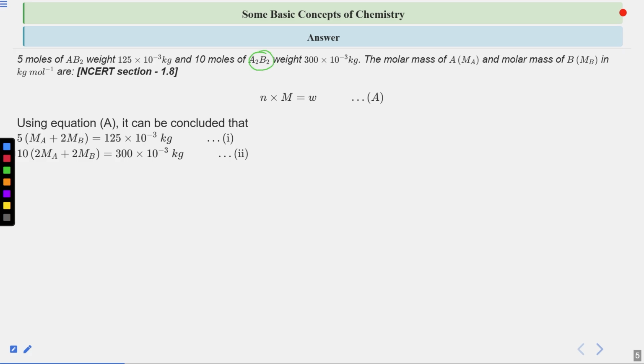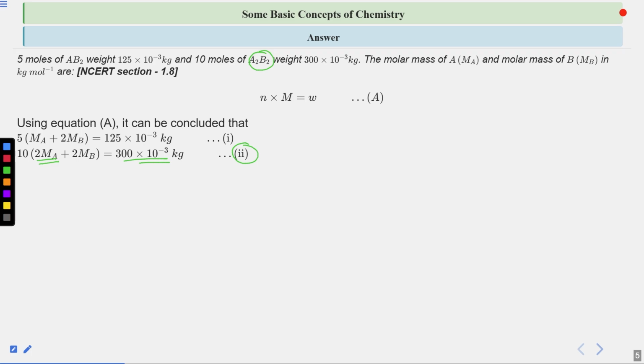It will be molar mass of A multiplied by 2, because A has a factor of 2, and 2 into molar mass of B, because B has a factor of 2. Now if we take 10 moles of it, then we have to multiply the molar mass of A2B2 by 10. If we do this, we will get 300 into 10 to the power minus 3 kg, which is equation number 2.